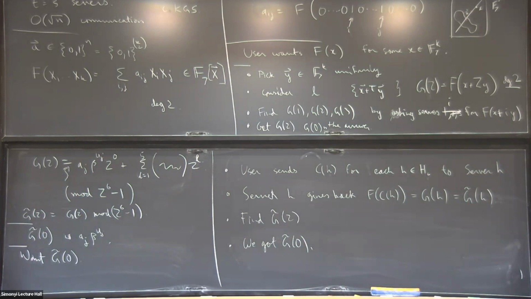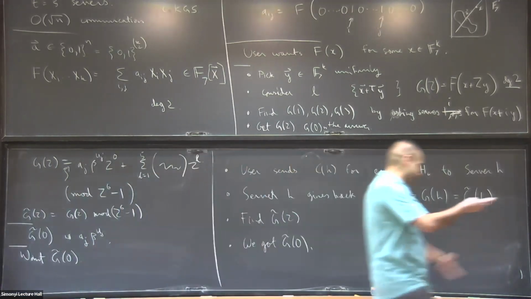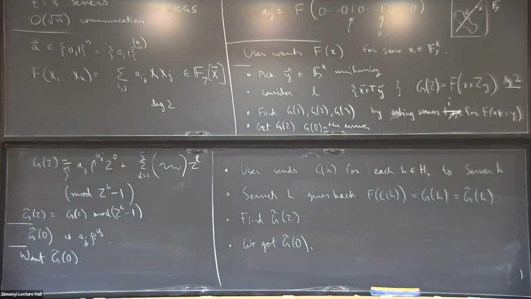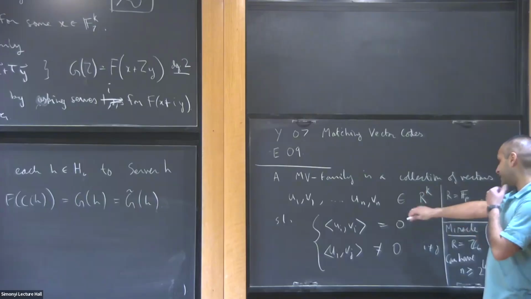So now we'll try to do it with derivatives. And what this will do is reduce the number of servers, hopefully. We got 6 servers. That's already a bit of a problem, because 6 was the smallest number which is not a prime power. This is a matching vector family in general.